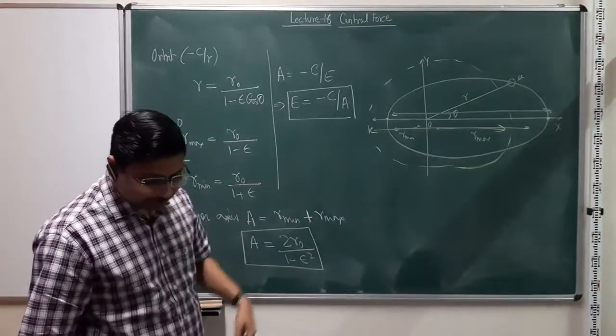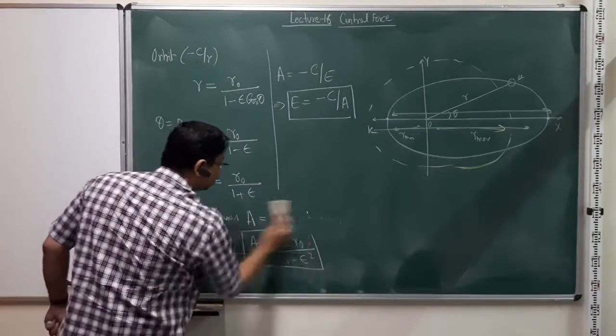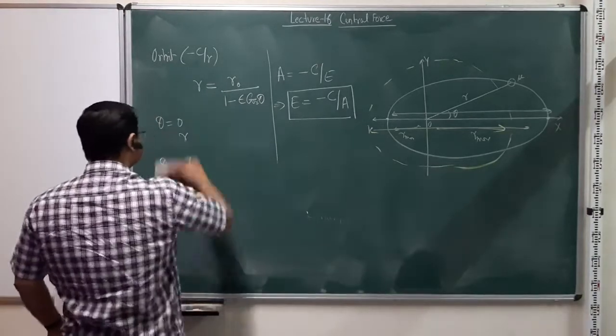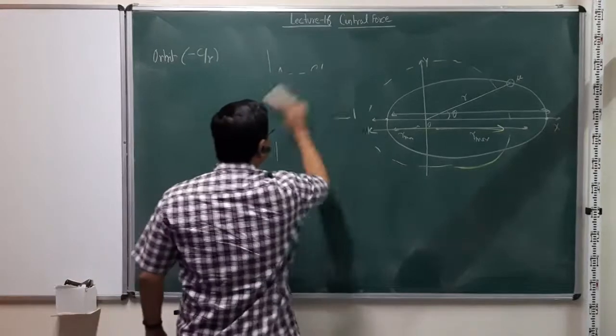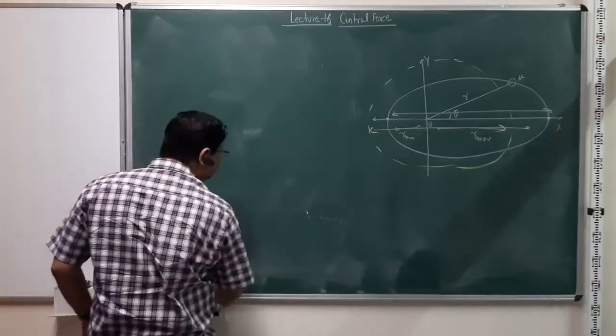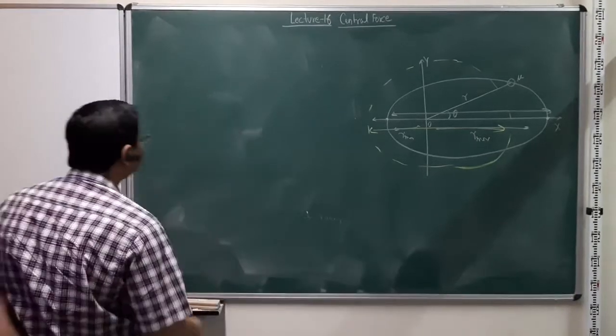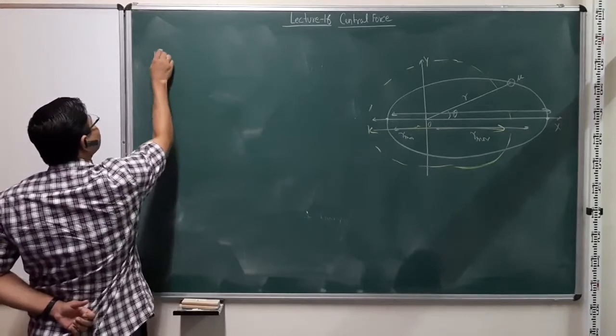So this is one interesting feature of these orbits. We can also find out the speed of the object going around these closed orbits, and for that we can write down again the energy.